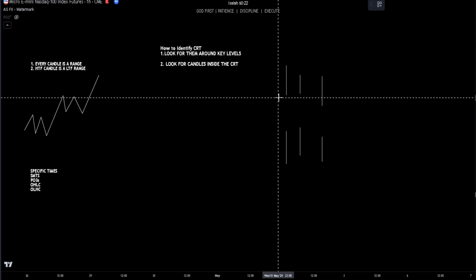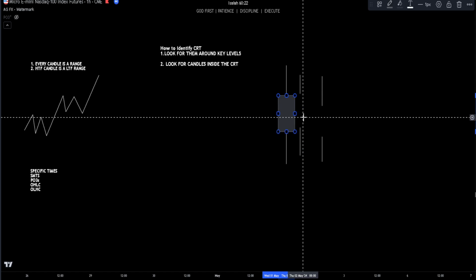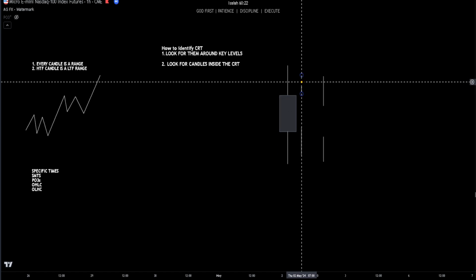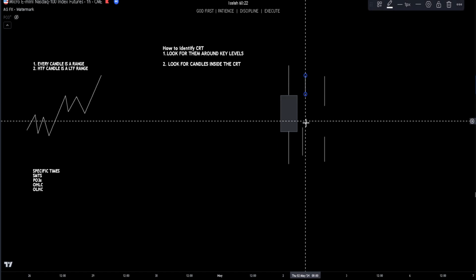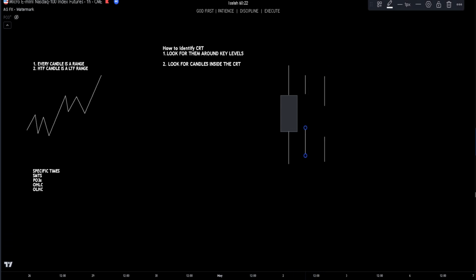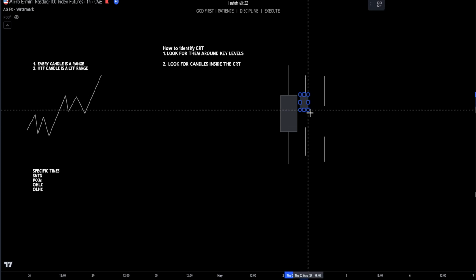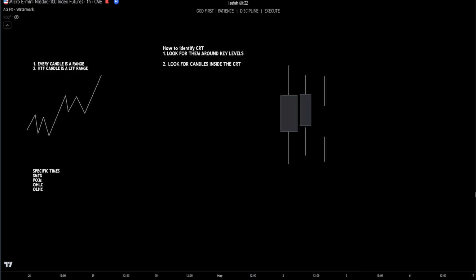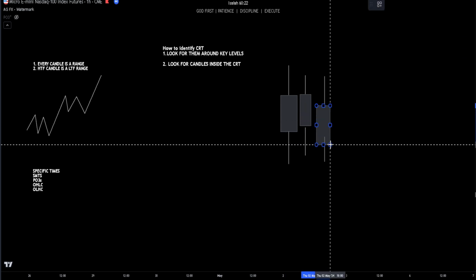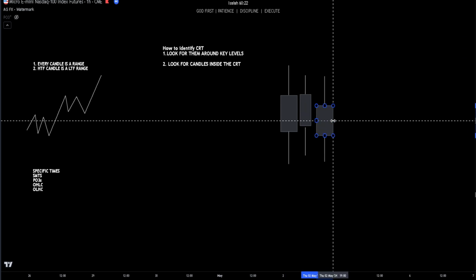Alright, so this is our 3 candles that we have. Make it a little bit neater for you guys. So in a higher time frame, this is what it would look like.